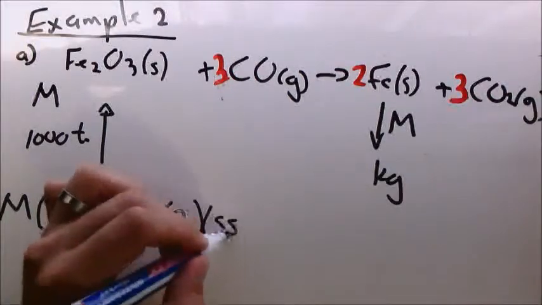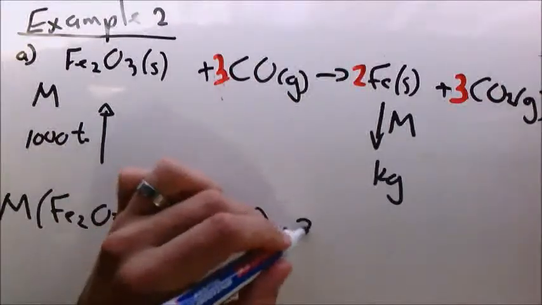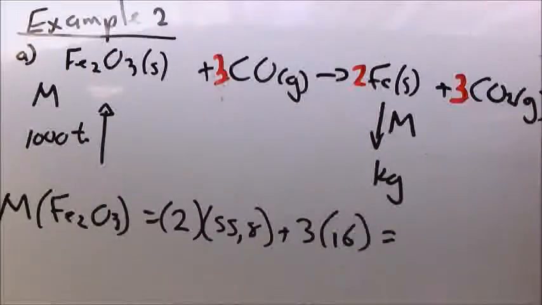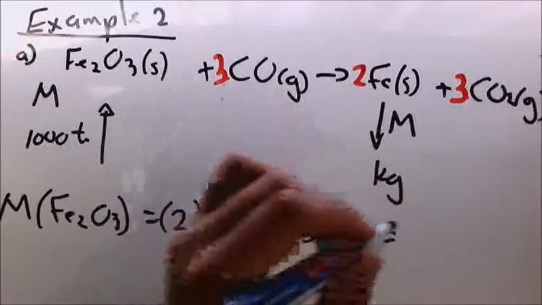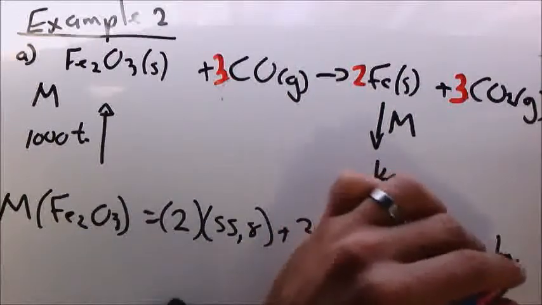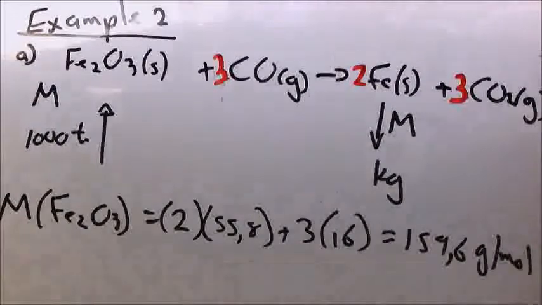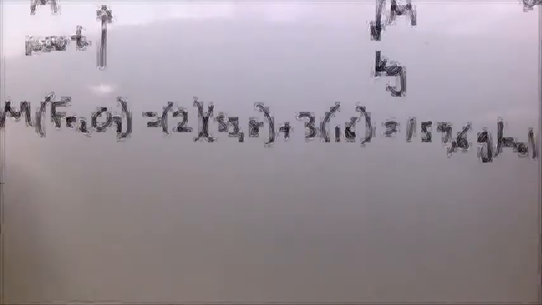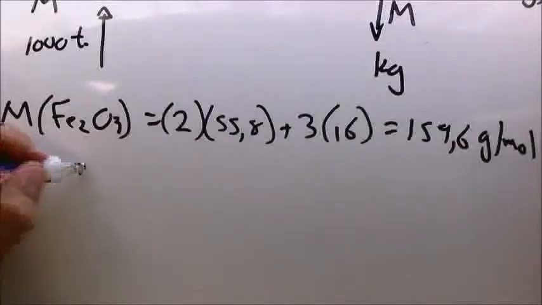So it's 2 times 55.8 plus 3 times 16, and then we get 159.6 grams per mole.